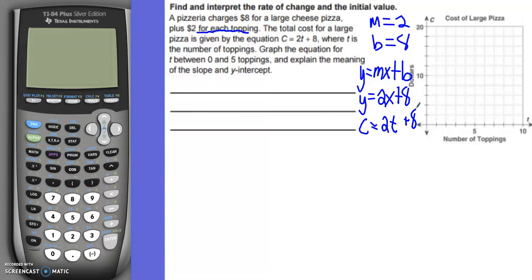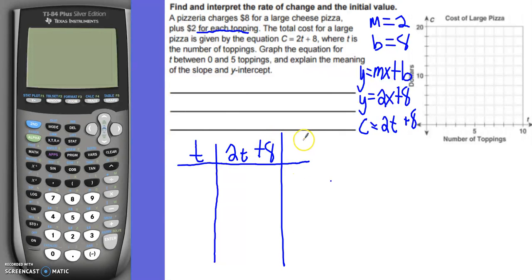Okay, so now if we're going to do an input-output table, our x is the t, and our thing is 2t plus 8, and we're trying to find the c. And we want to do it for the first 5. So we have 0, 1, 2, 3, 4, 5.